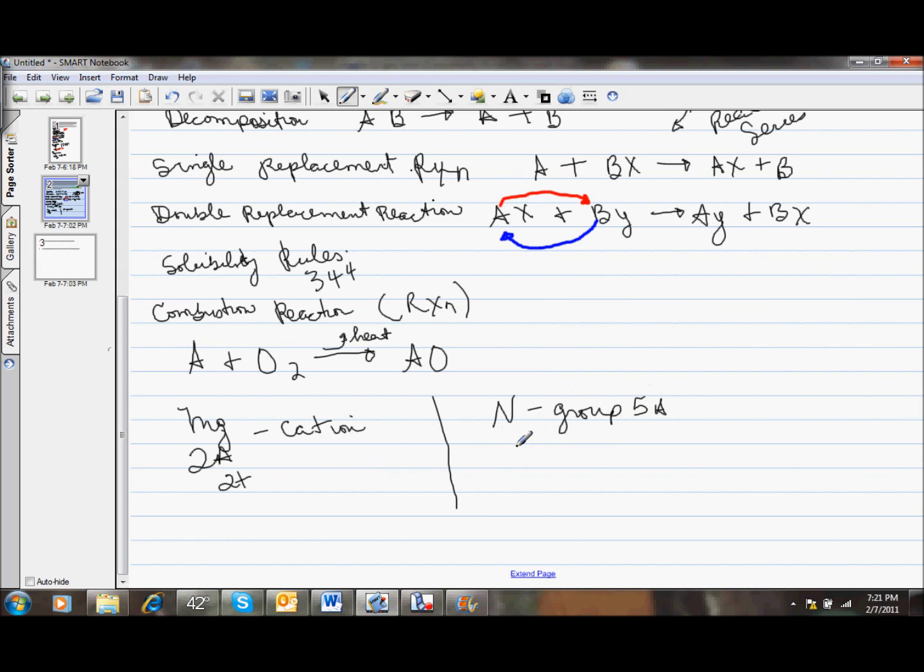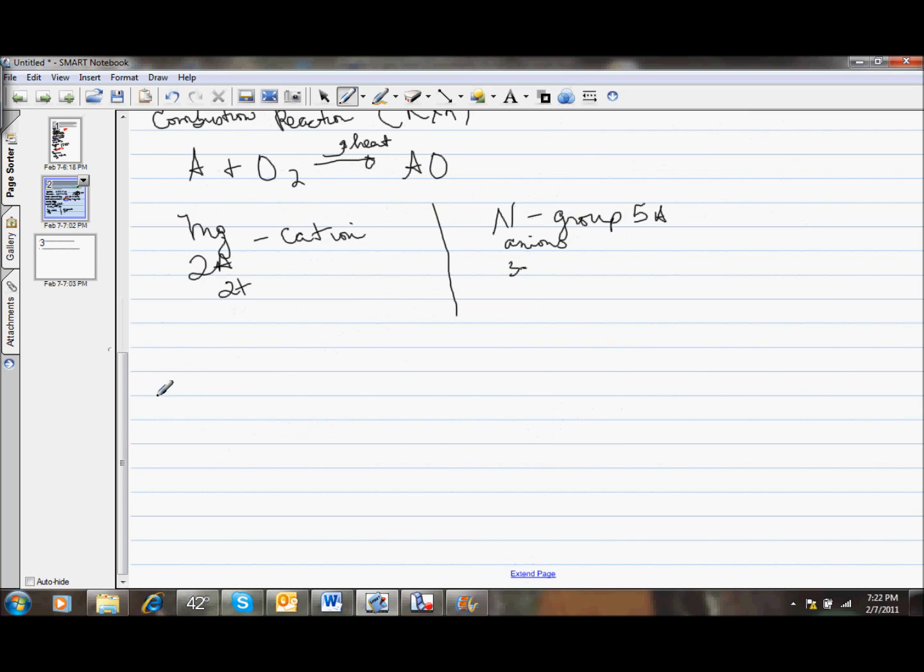Elements in group 5A tend to form anions. And because it's in group 5A, it is going to want to form 3- ions, because nitrogen would actually rather gain electrons as opposed to losing electrons. So it's going to gain 3 negative charges.